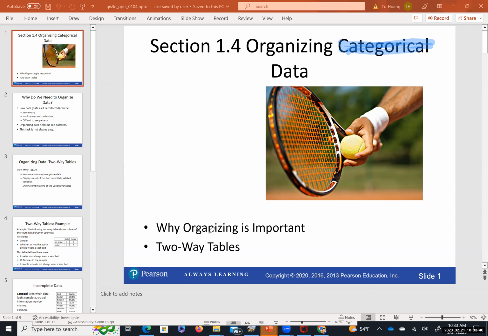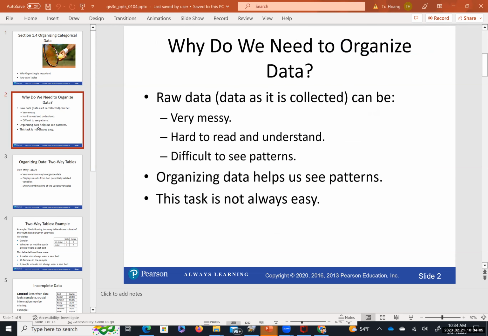So in this session, we're going to answer the question of why organizing is important. And we're going to use a two-way table to organize the categorical data in this session. Okay, so let's move to the first slide.